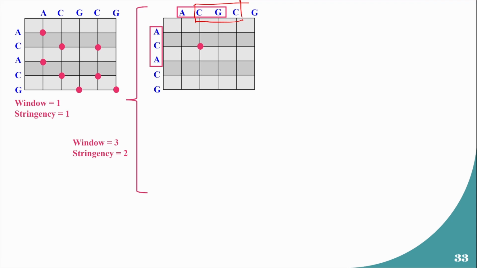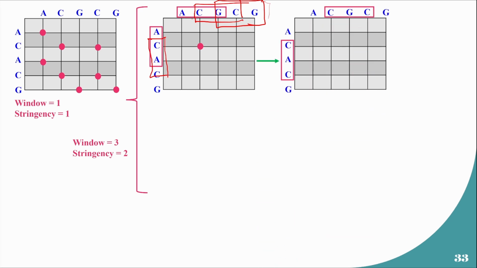So you will compare CGC, and in the next step you will compare GCG with ACA, right? And if you find the match, you will put a dot here. And after doing that, you will then move to the next set of 3 characters here, and you will consider that as a single window. And then again, you will compare the window on the other axis and overlapping windows on the other axis based on your size of the window.